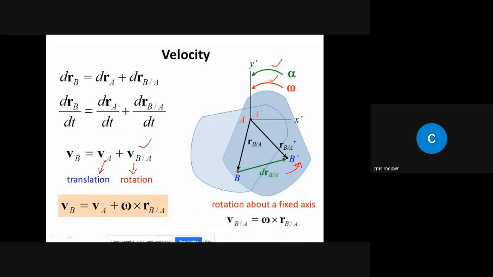This portion is basically showing rotation of point B while keeping A as origin, and we know that the relationship between linear velocity and angular velocity can be given as omega cross r, and r is basically the position vector. So we can write this one as the angular velocity vector omega in cross product with the position vector.